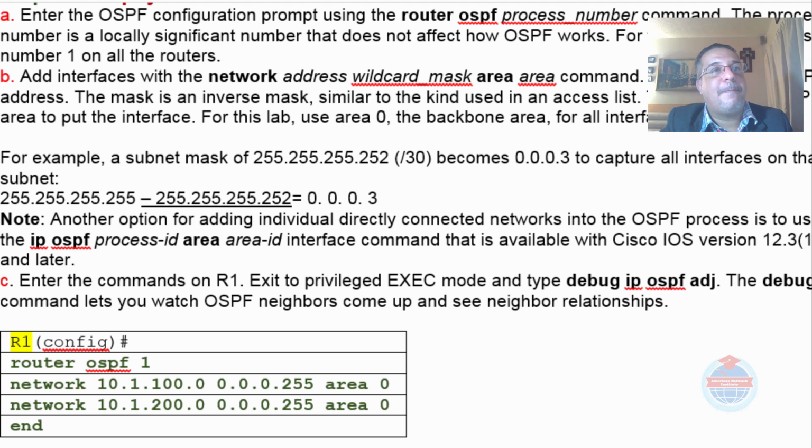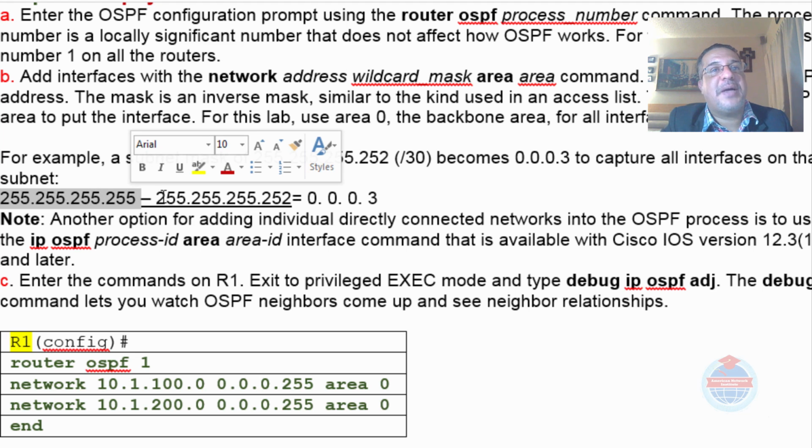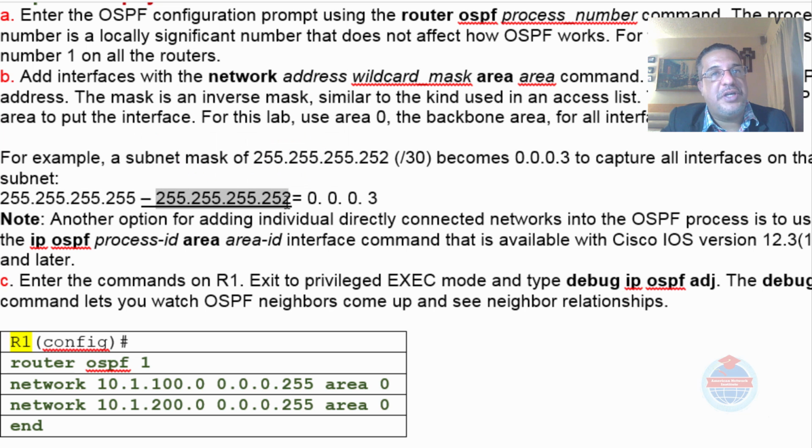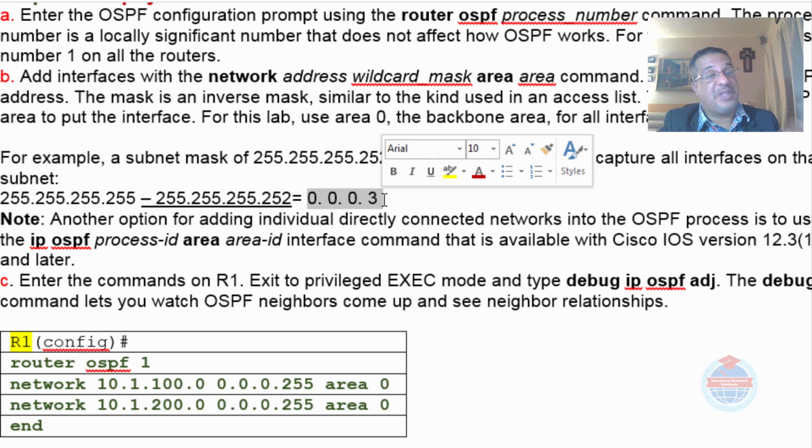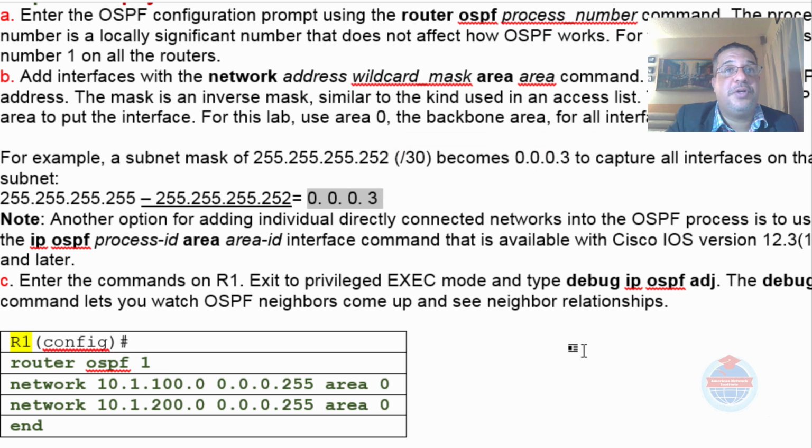This value over here that you could see minus the subnet mask that you have. For example, in this case, if I have a CIDR 30 that corresponds to a 252 subnet mask, the wildcard mask that you're going to be having is this part. Got it? Okay. Hopefully you do. You understand how to subnet.